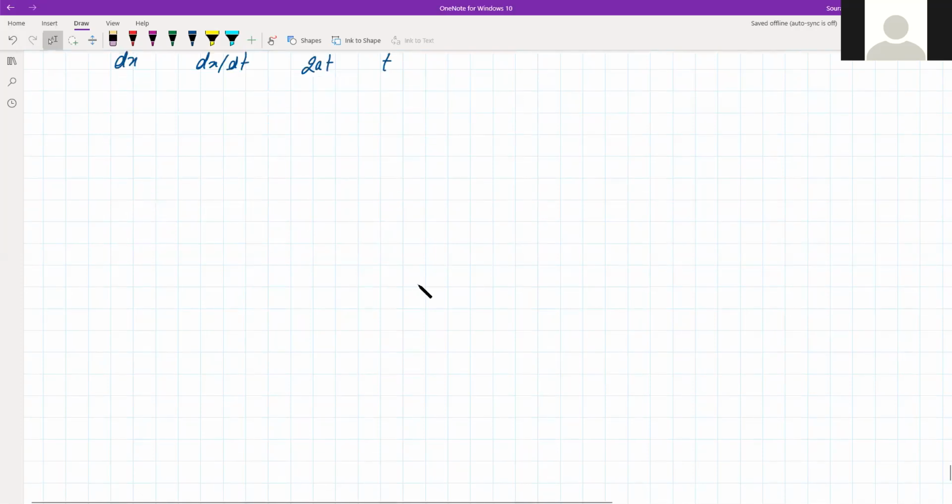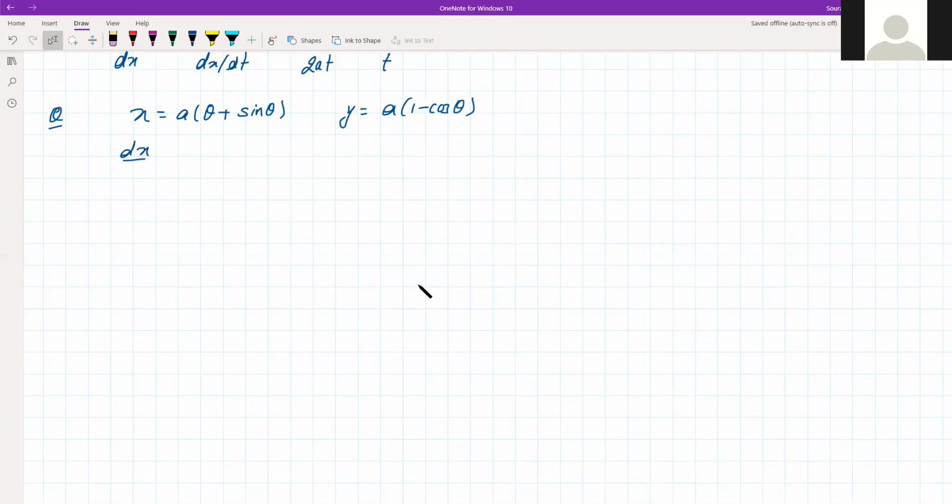Let's see one more problem. We have x equals a(theta plus sine theta) and y equals a(1 minus cos theta). So again, dx by d theta, we have to differentiate with respect to theta.